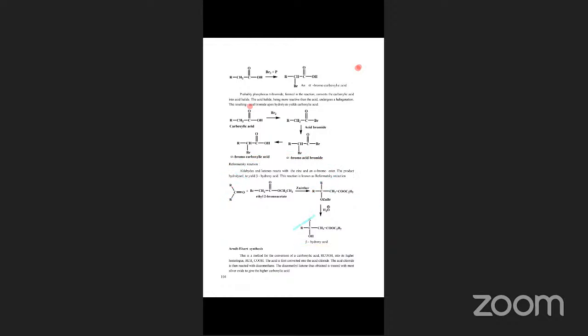Put the heading. This is also important. Arndt-Eistert synthesis. Simply remember, higher. This method is for the conversion of carboxylic acid RCOOH into its higher homologue RCH2COOH.